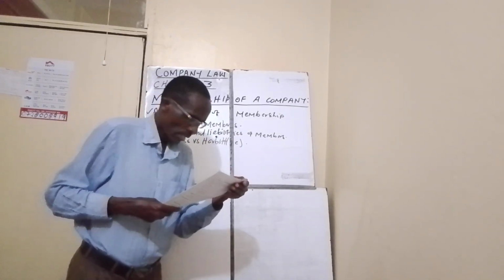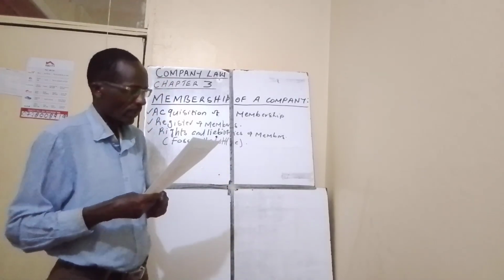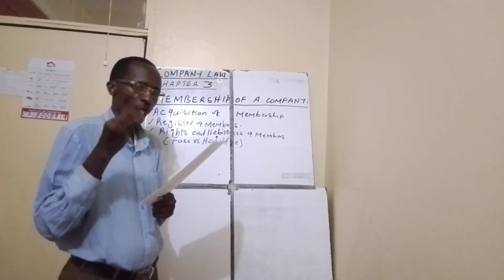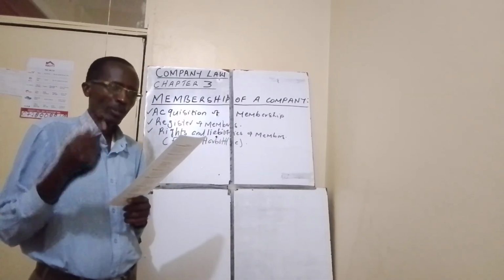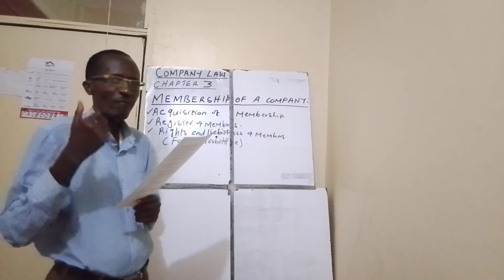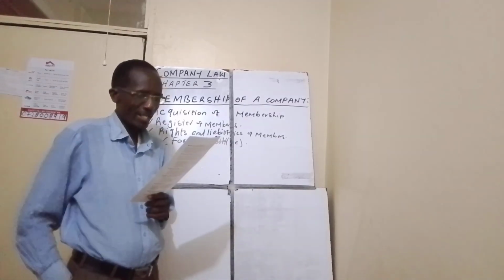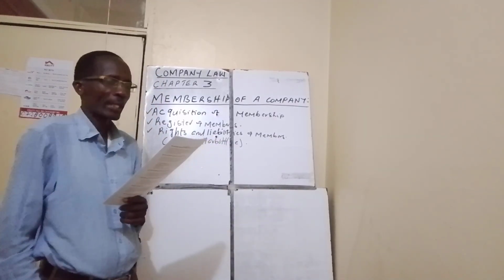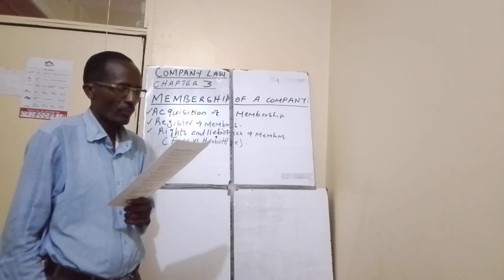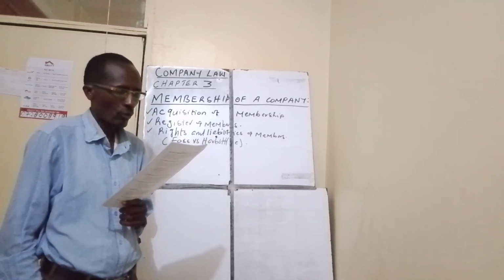Number two, majority decisions made in contravention of the articles. When you talk of articles, we mean articles of association. Majority decisions made in contravention of the articles of association or regulations of the company may be challenged before a court of law.